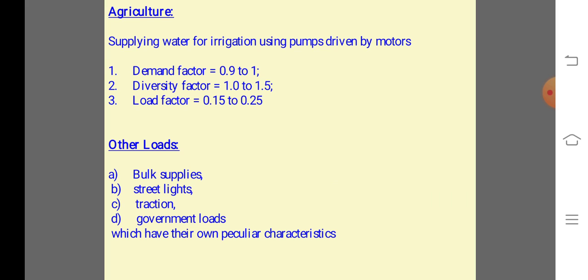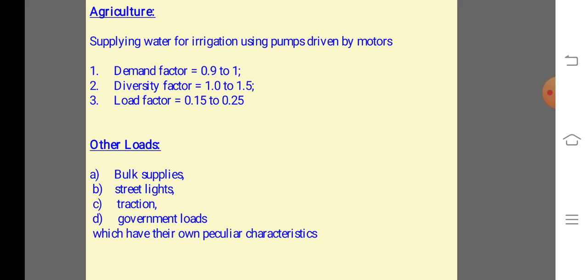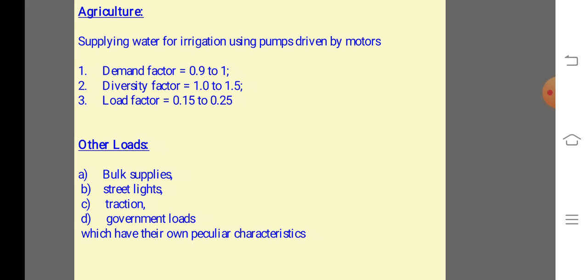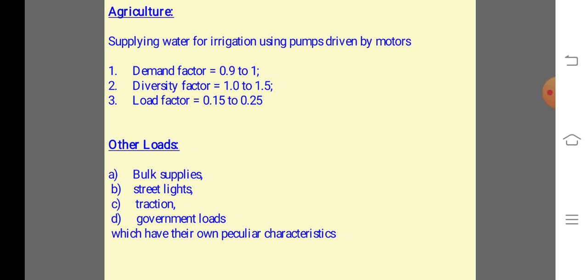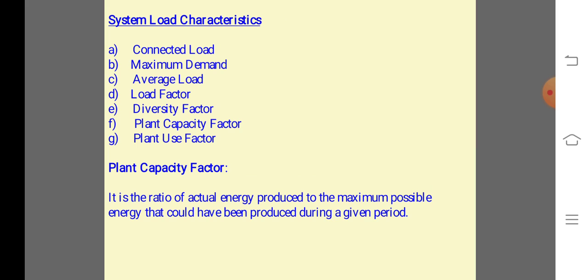These are the power demand, diversity, and load factors with respect to the power system. Other loads have bulk supplies, street lights, traction, and government loads, which have their own particular characteristics.